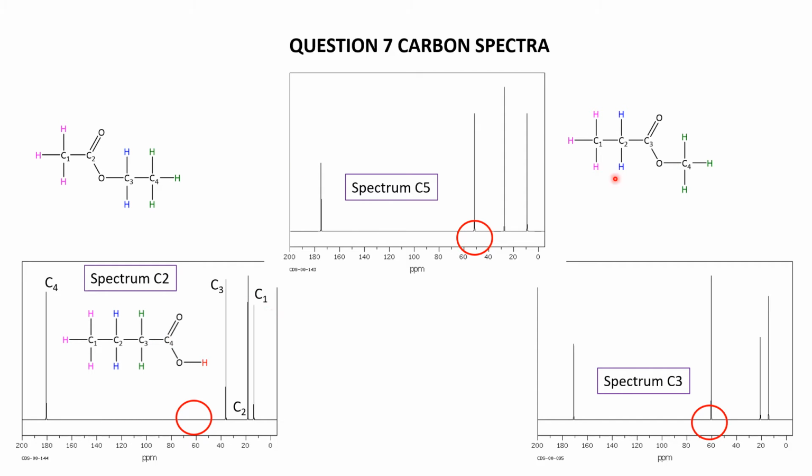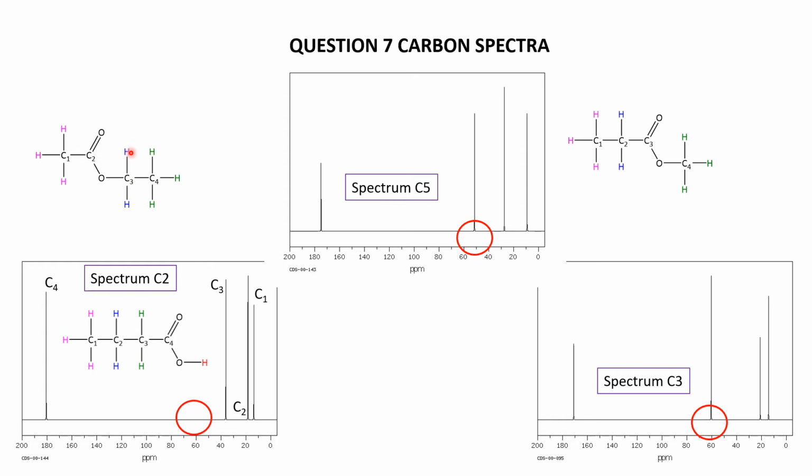Now let's look at these other 2 esters, and you might remember from when we were dealing with the hydrogens that because you've got a methyl and an ethyl and an ethyl and a methyl group, this doesn't exactly lend itself to a very easy assignment. And indeed, the best thing I can come up with to help us is to remember that when you have a methyl group or a CH2 group, almost always, unless there's something else messing around with it, the CH2 group is a little bit further downfield than the CH3 group, mainly because the CH3 group is a carbon bonded to 3 hydrogens and another carbon.